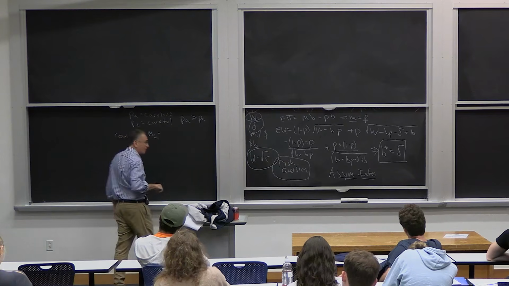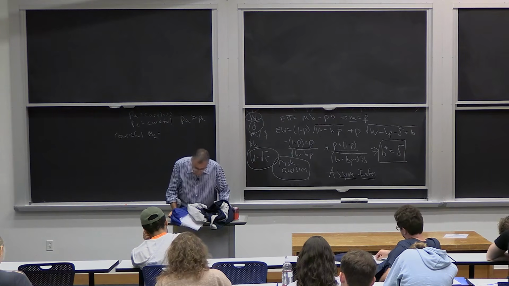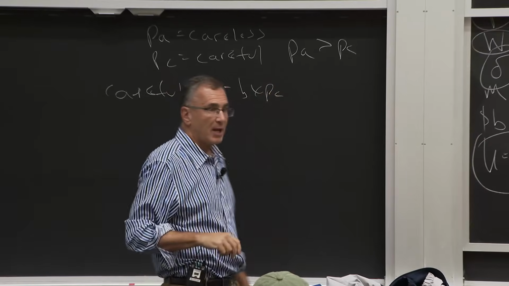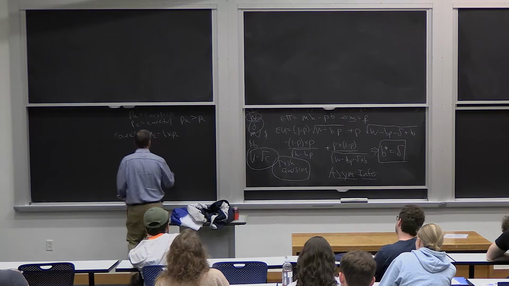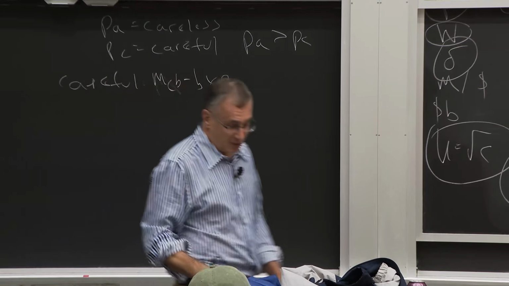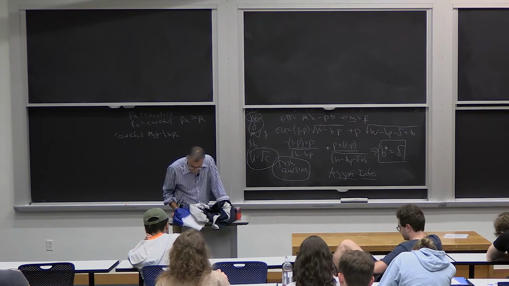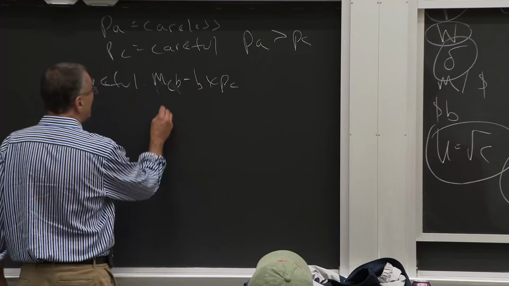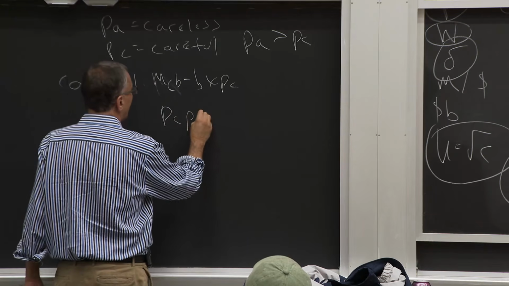Let's write this out; let's not skip steps. M careful times B minus B times PC, I'm going to set that equal to 0. And remember, M equals P, so it's PC times B minus B times PC equals 0.